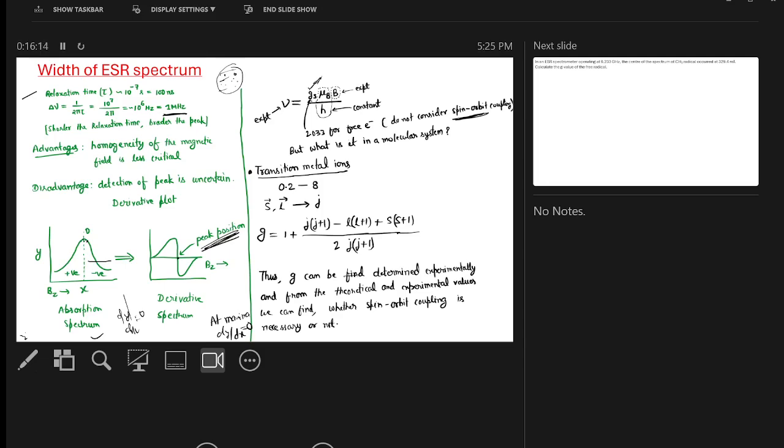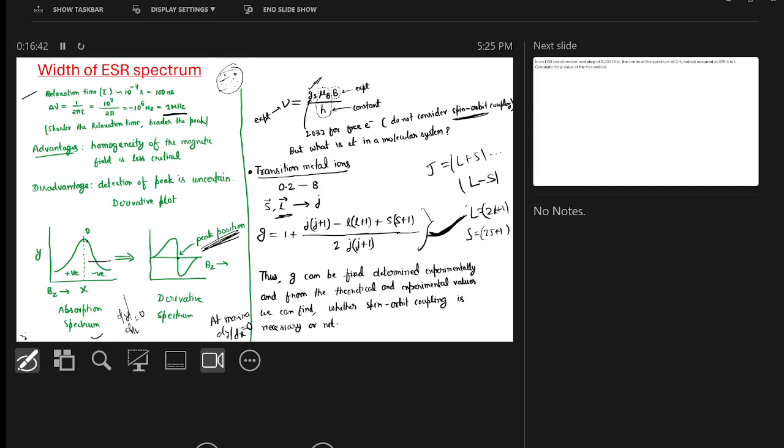For example, in transition metal ions, g can be calculated using this equation, where J is your quantum number. It is given by L plus S to L minus S, where L and S are calculated from L(L+1) and S(S+1).